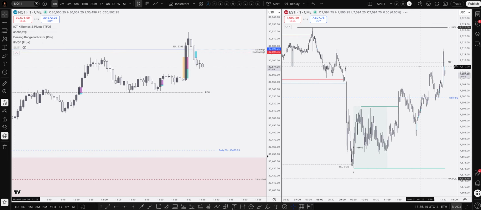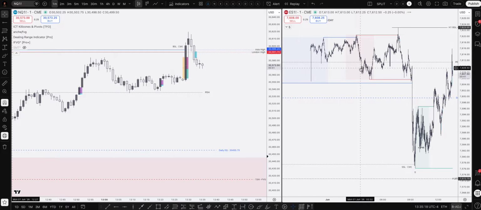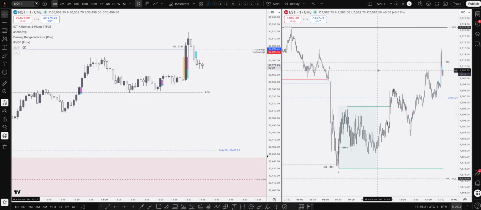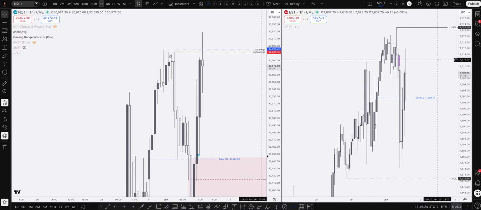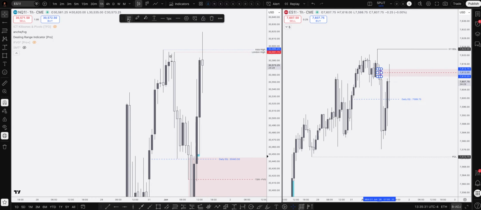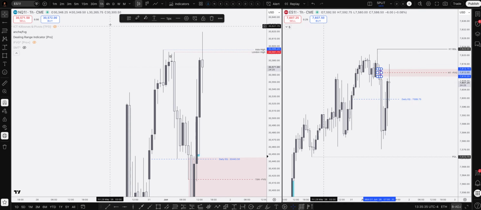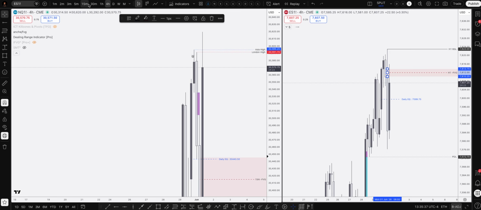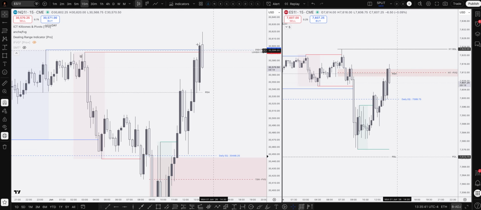So, it looks like that previous daily high level, which has already been mitigated, is still right there. Let's see what other level is in play. Okay, so we've got an hourly FVG here. Got like a 15-minute order block here.